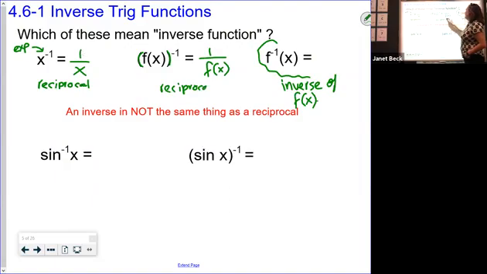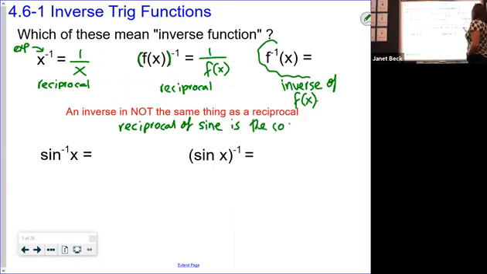They're different things. If we take the sine function, I hope you know the reciprocal of sine is the cosecant.